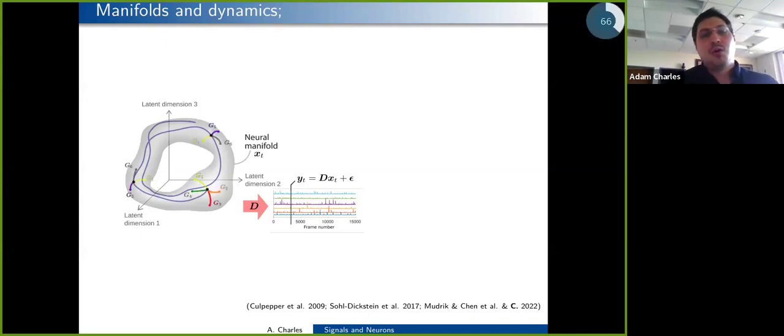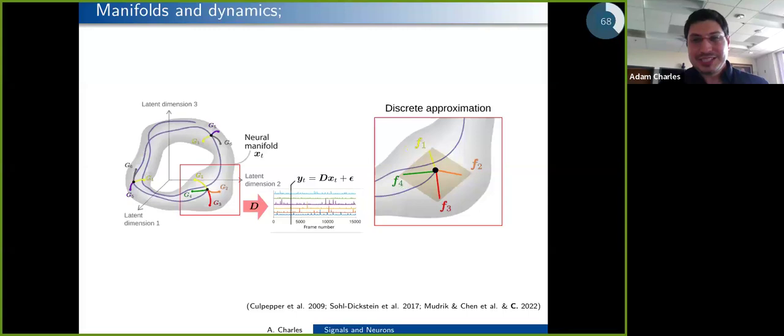Why I'm bringing this up is if we believe these two things, then the dynamics itself, when it moves you along the manifold, cannot move you arbitrarily in neural space. It can only move you in directions that keep you on the manifold. Otherwise, you would not have a manifold. That's all I'm going to assume. In particular, this gives us a really powerful way to talk about dynamics in the tangent space.